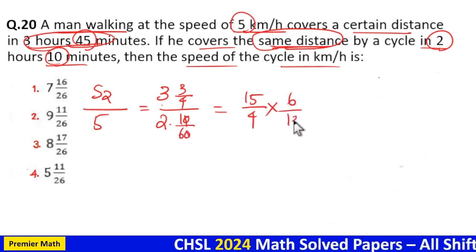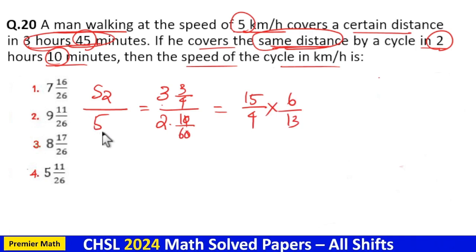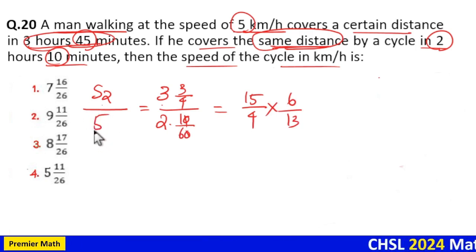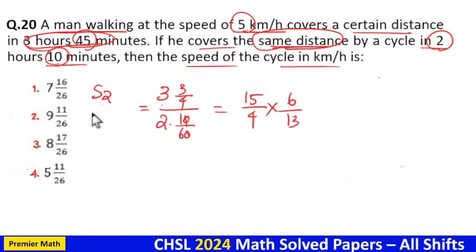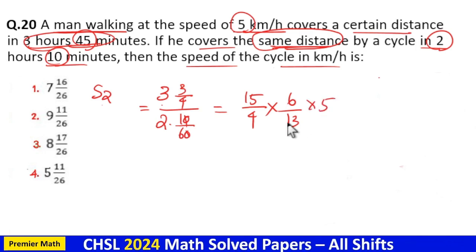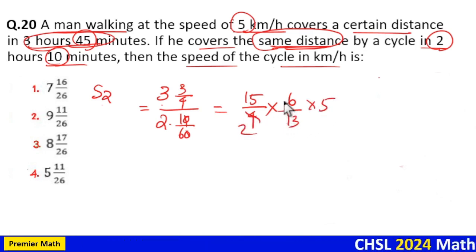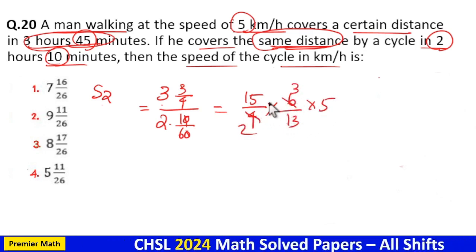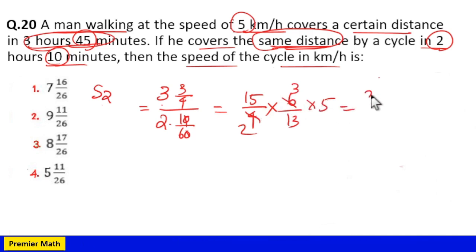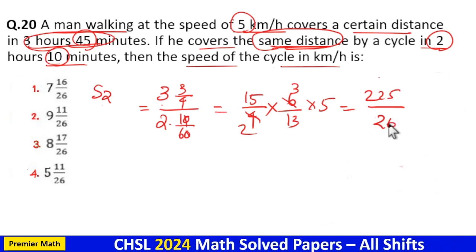So 6 by 13 this will become. Now here we have to find what is S2. So multiply this with 5. Now 2 goes 2 times in 4, 2 goes 3 times in 6. 15 into 15 is 225. So 225 divided by 2 into 13, 26.